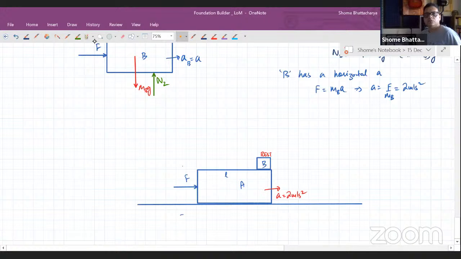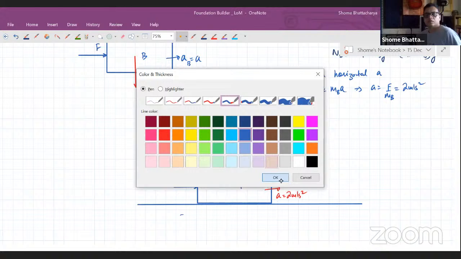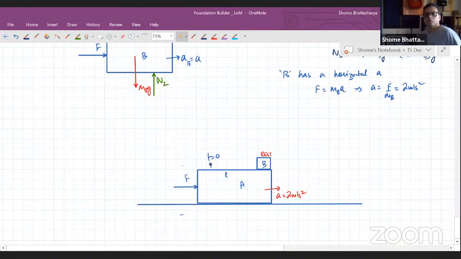So this was the position of the system at t equal to 0. This block was at rest, but at some time it will become like this now. It would have moved to this position. So it would have made a displacement of S in this direction.